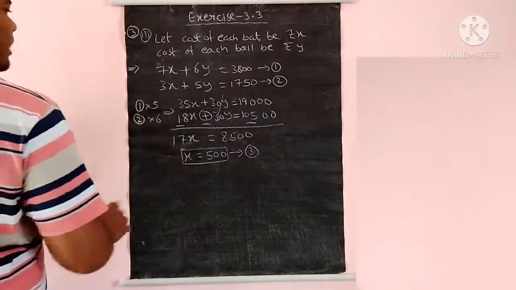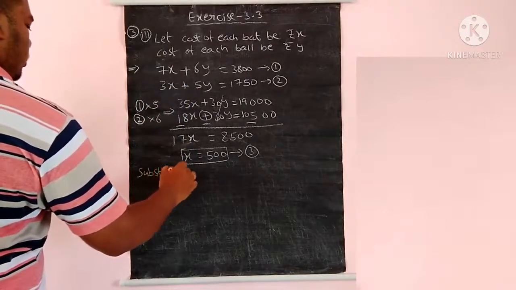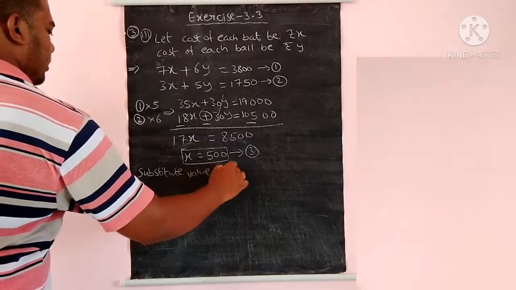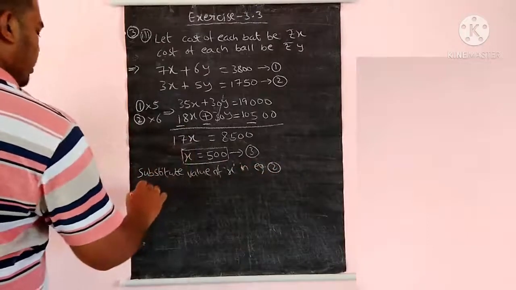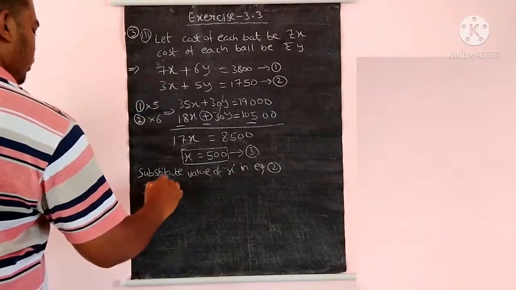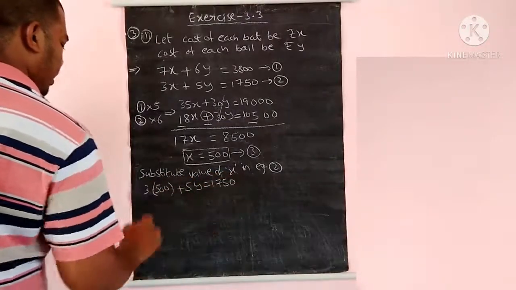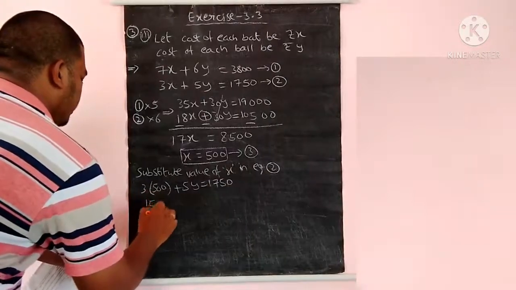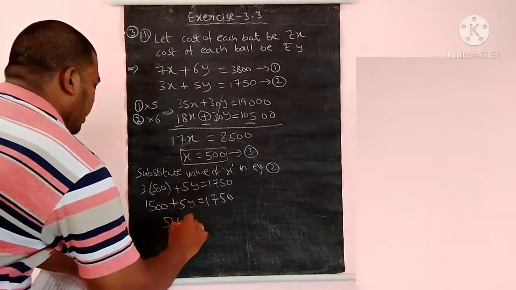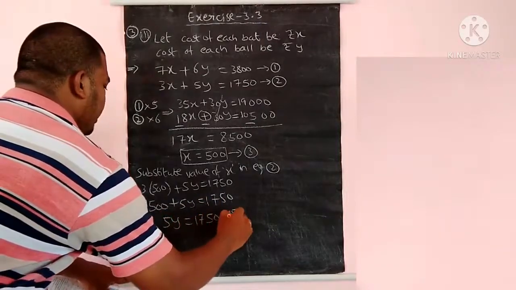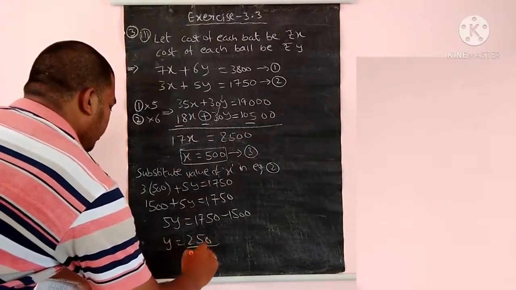So substitute the value of x in equation 2. What is equation 2? 3x plus 5y equals 1750. So 3 into 500 is 1500, plus 5y equals 1750. 5y equals 1750 minus 1500. y equals 250 by 5.